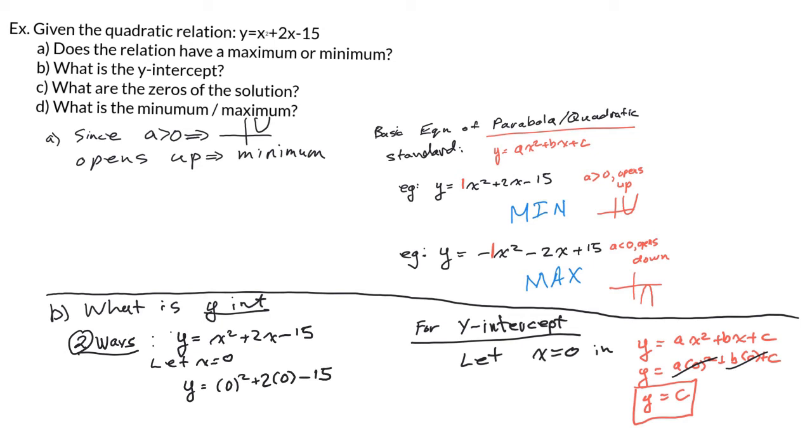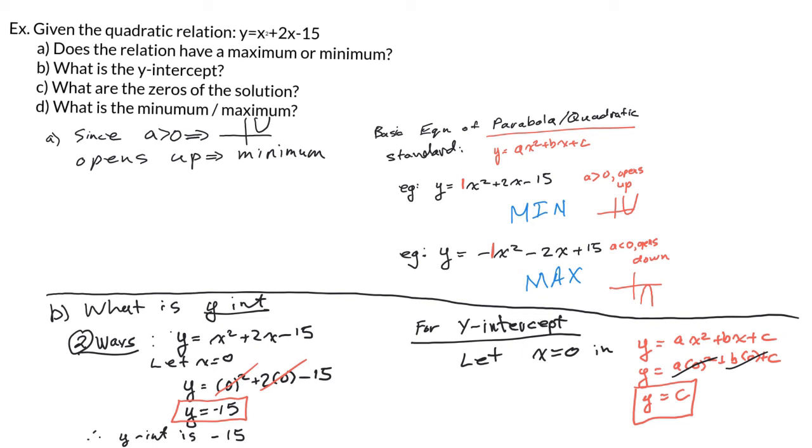And then you end up with 0 going away, and 2 times 0 goes away. So you're left with y is equal to 15. Sorry, negative 15. Right? So you would say your y-intercept is negative 15.